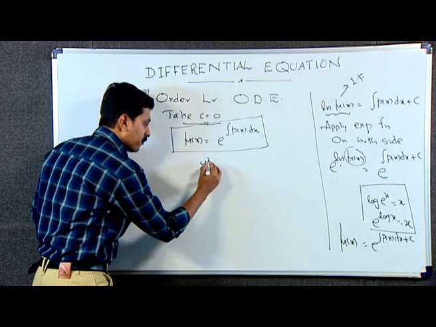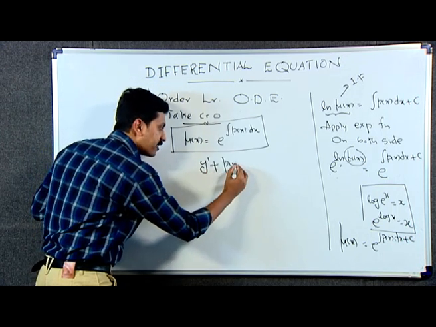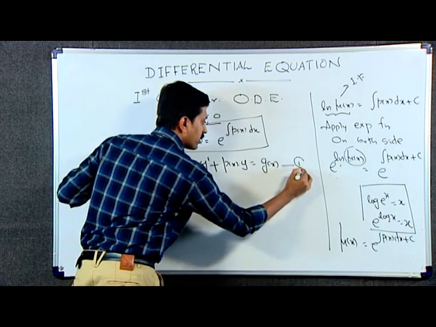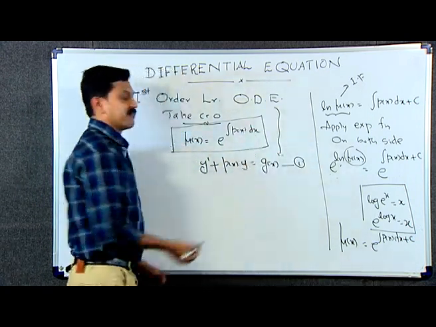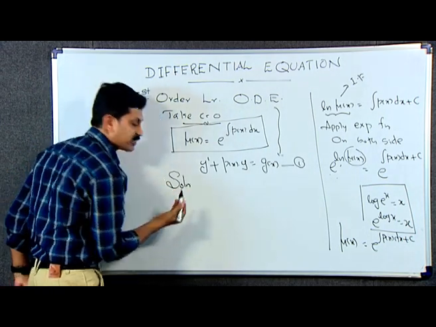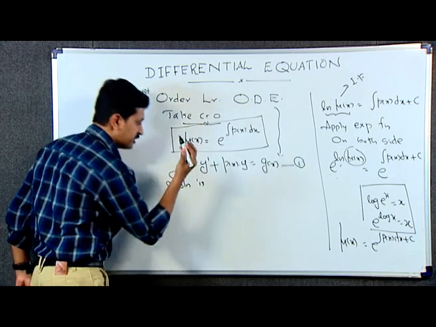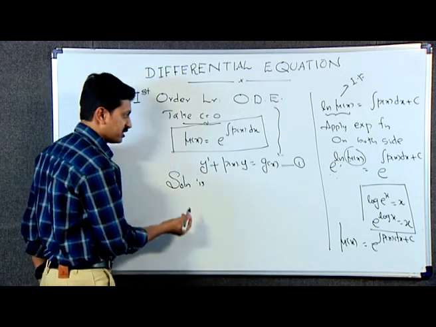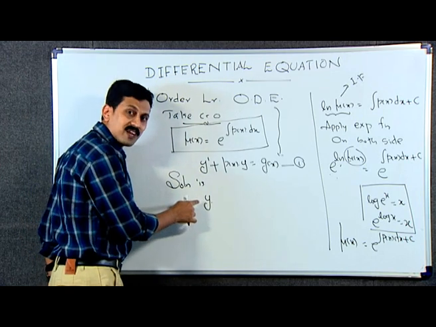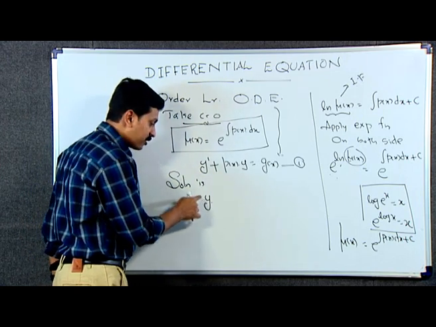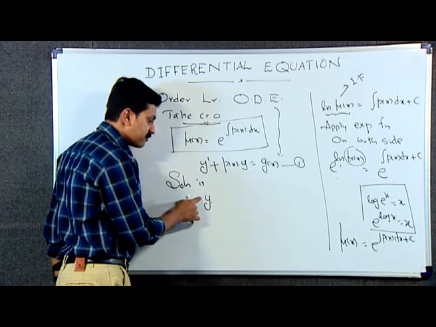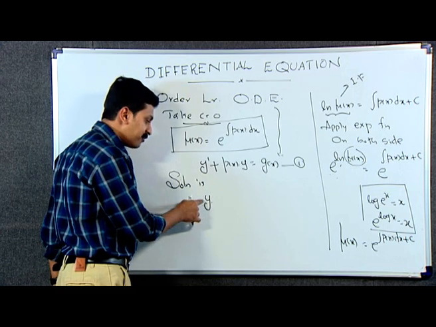We have y dash plus p of x into y is equal to g of x, the first order ordinary linear differential equation. The solution of this ordinary differential equation is the function y. y is actually the solution of the differential equation, because this is the dependent variable, it will exist with the help of the independent variable x.